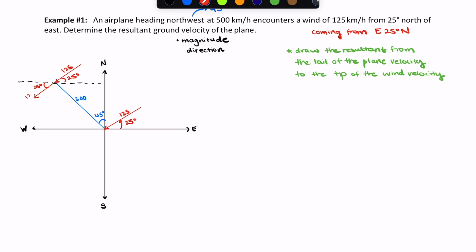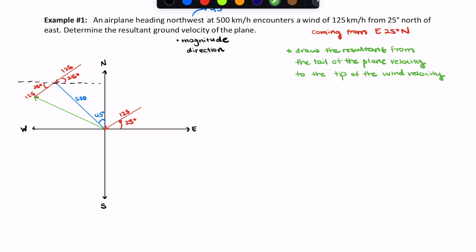This is still 125. Then we connect the resultant vector, which is from the tail of the plane velocity to the tip of the wind velocity, from tail to tip.